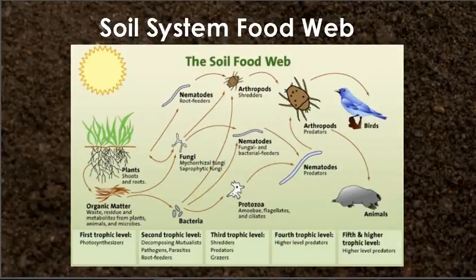Okay, now this slide talks about the soil system food web. If you are able to see the slide, it talks about plants, fungi, nematodes, arthropods, birds, animals, protozoa, bacteria, organic matter.